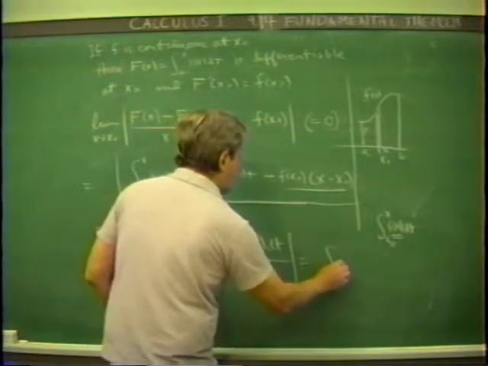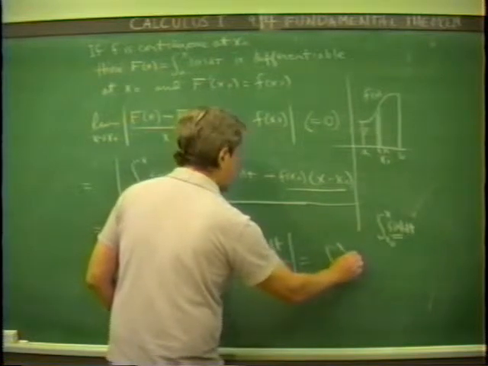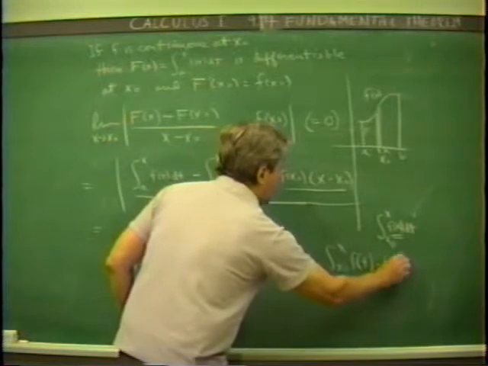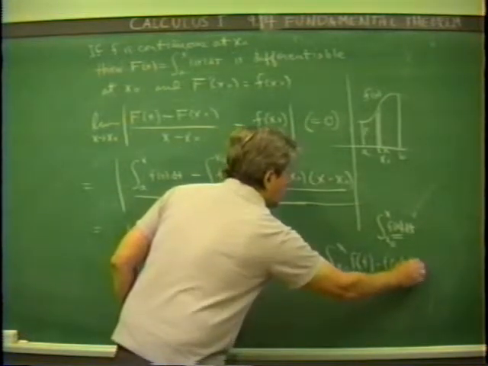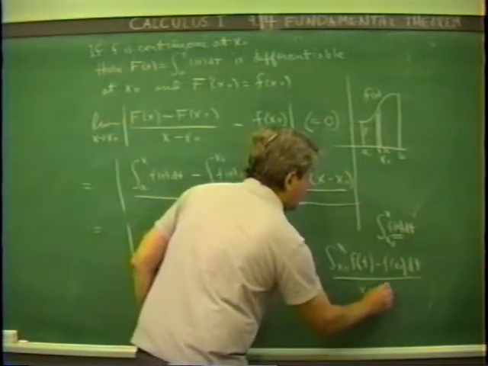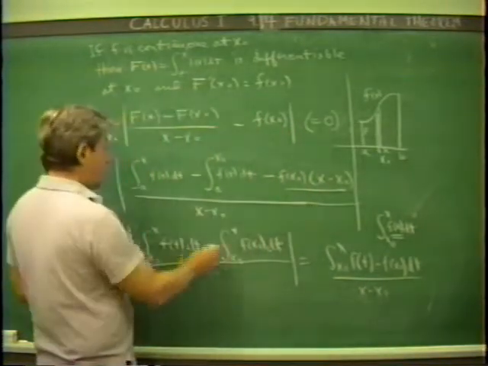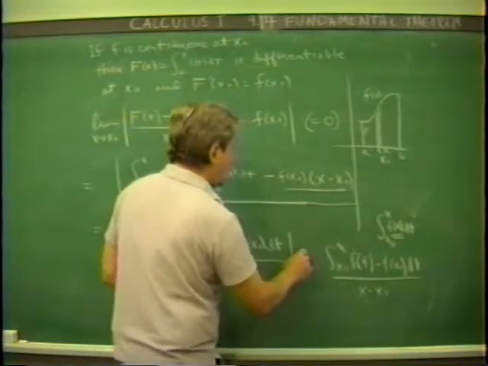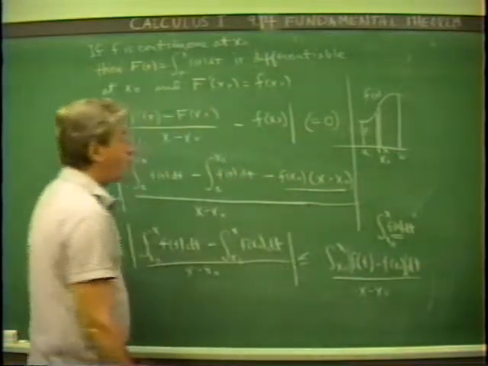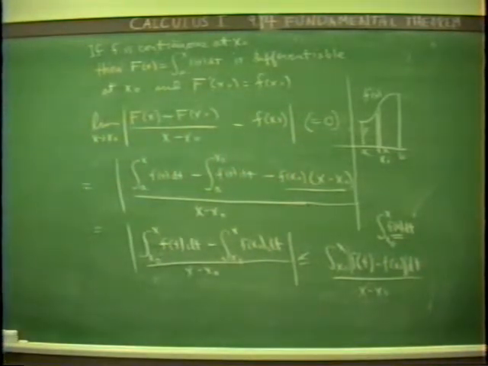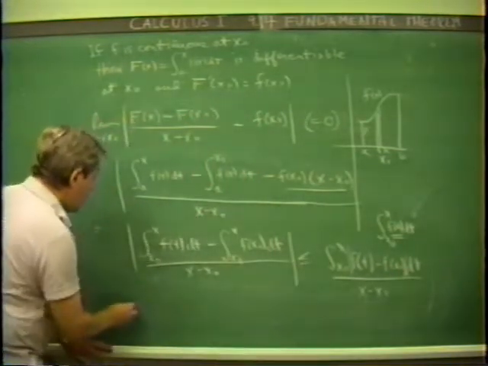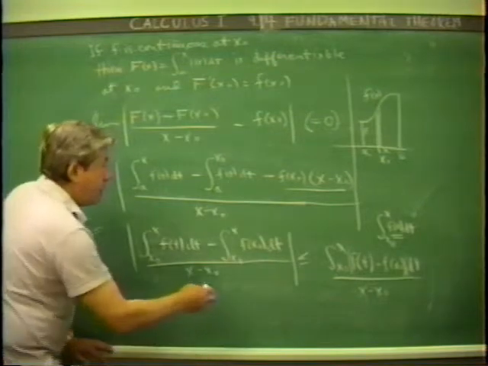This is the constant function f of x naught. This is f of t. So this is going to be equal to the integral from x naught to x of f of t minus f of x naught dt over x minus x naught. Right? This, an absolute value, is going to be less than or equal to what you get if you put the absolute values inside here like this. Right? As before.